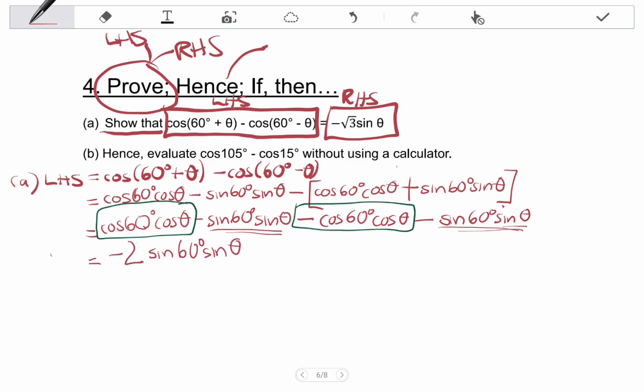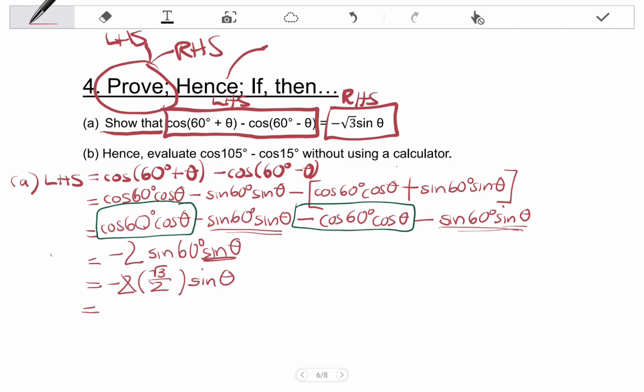Okay, now this is not quite yet the right hand side. We've got the sine theta of the right hand side, but not this yet. But what we can do is find the value of sine 60. Now if you know your special angles, sine 60 is opposite over hypotenuse, root 3 over 2, and then sine theta.